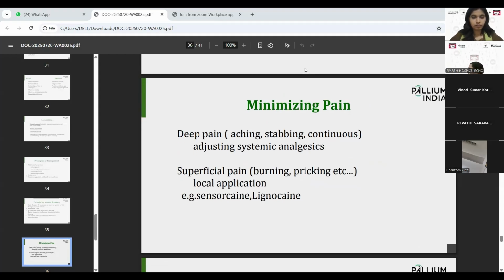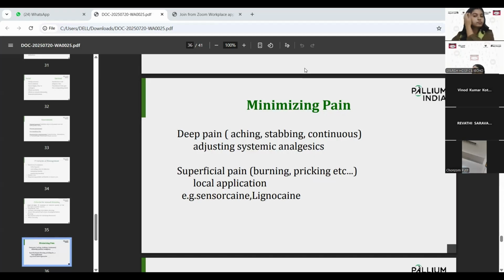Here you are going to study how to minimize the pain. Deep pain, aching, stabbing, and continuous pain: adjust systemic analgesics with the doctor's help. If the patient is having deep pain like aching, stabbing, continuous pain, you have to adjust the analgesics.